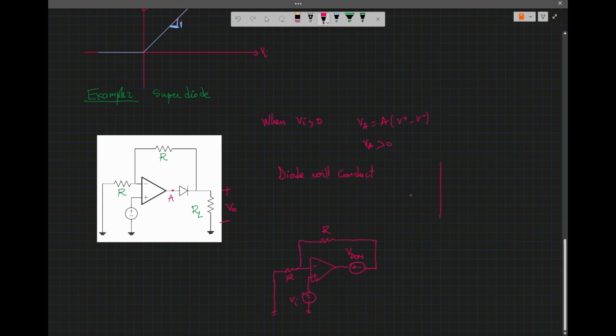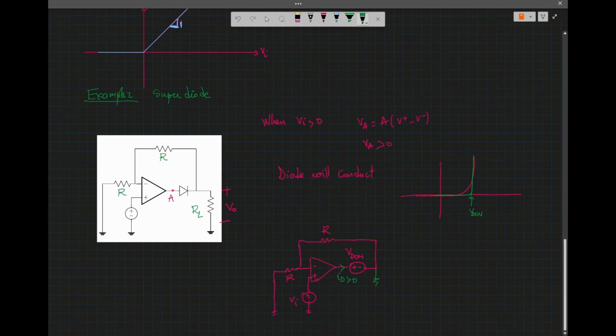So the characteristic of the diode, which is sort of this, we make an approximation, and that's what we call VD on when the diode is on. And then the current through the diode at that point will be positive.